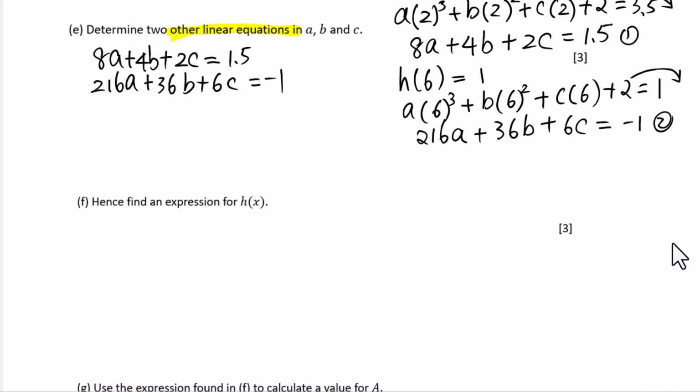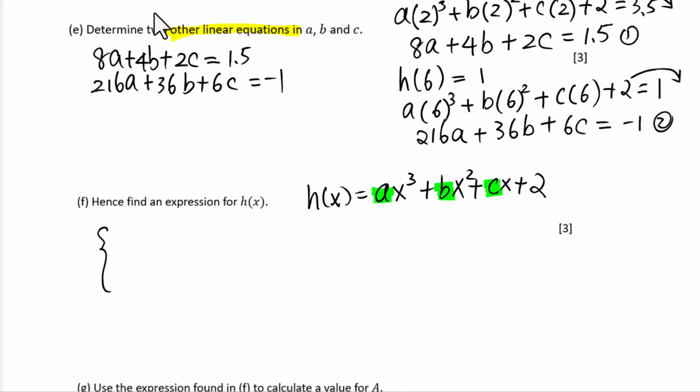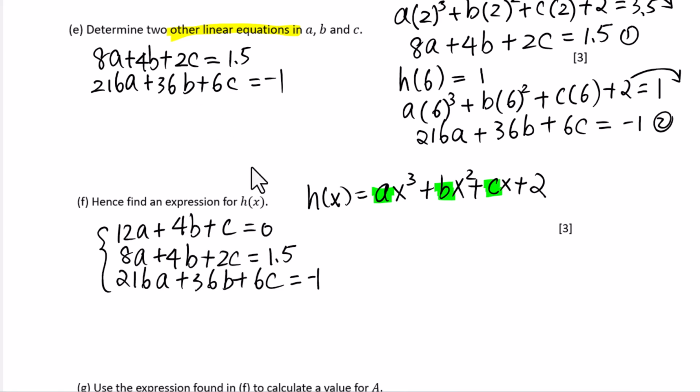F. Hence, find an expression for h(x). We know h(x) = ax^3 + bx^2 + cx + 2. We need to figure out the variables a, b, and c. We have 3 equations, and we will use a calculator to work this out.